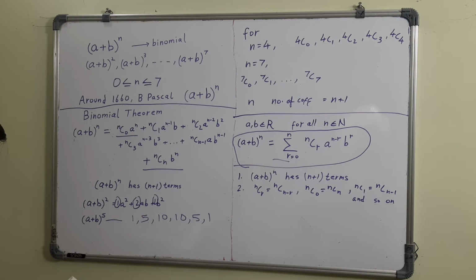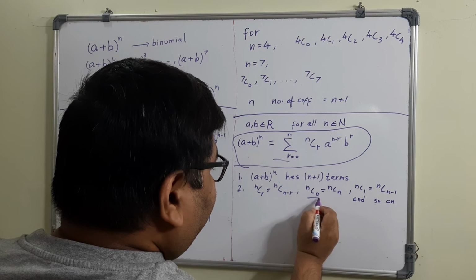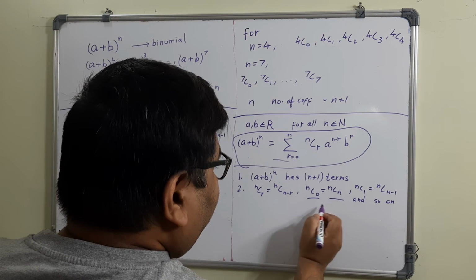So this is the second observation. This says that the coefficients of the terms equidistant from the beginning and the end in a binomial expansion are equal. So here we see the first term from the beginning and the first term from the end are equal.